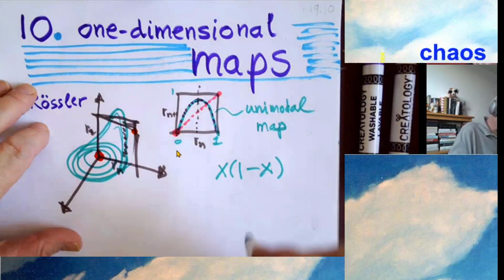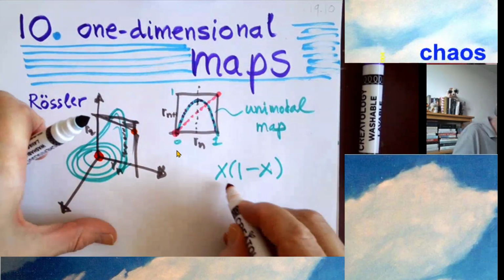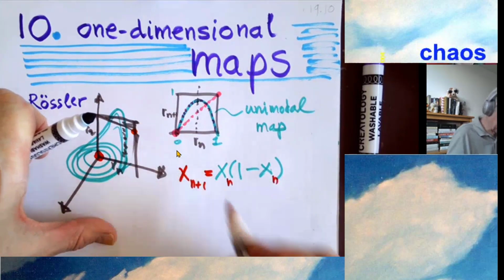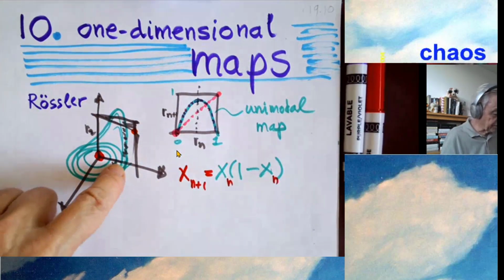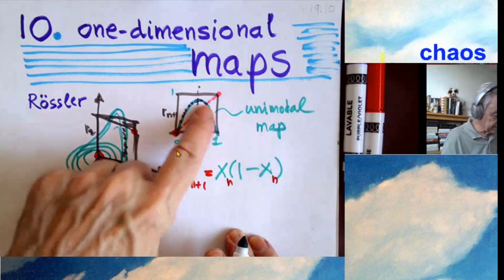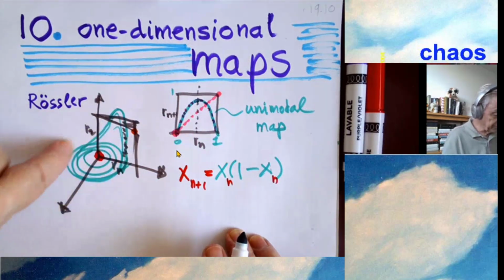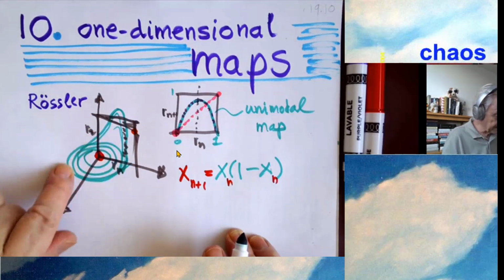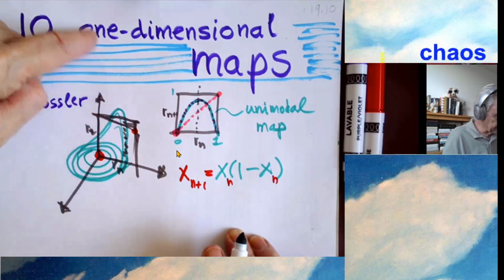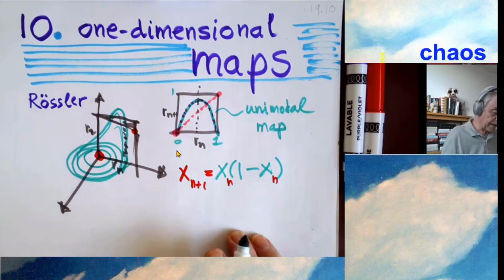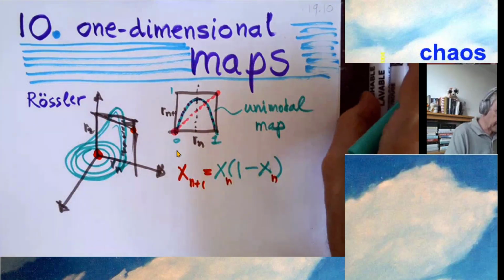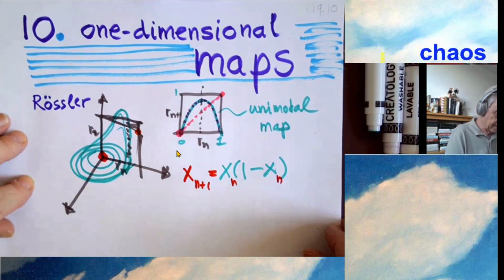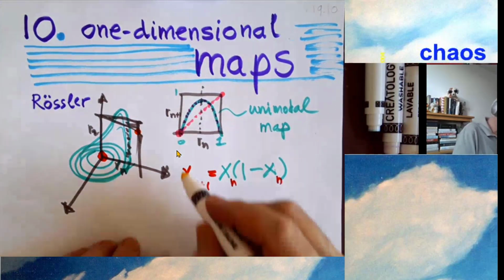But now we say this is the function at time n. It counts back at time n plus 1. And it turns out this is a pretty good description, qualitative and sometimes quantitative, of a differential equation where you have instability, oscillatory instability in the plane, and then nonlinearity shooting you up, folding you, and sending you back. So there are lots of good examples in fluid dynamics, chemistry, biology, etc., where this kind of function happens.